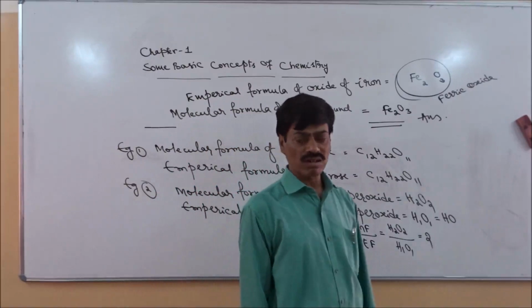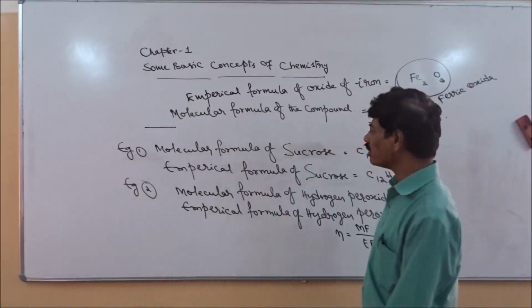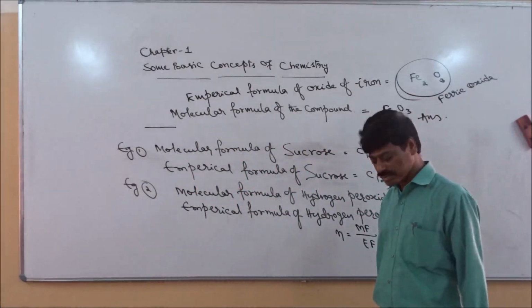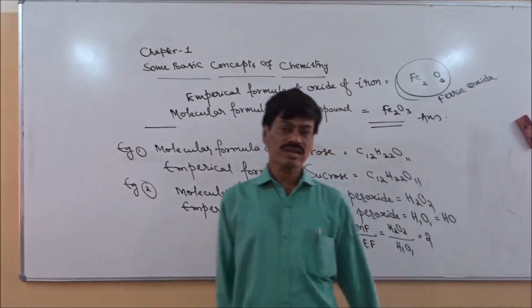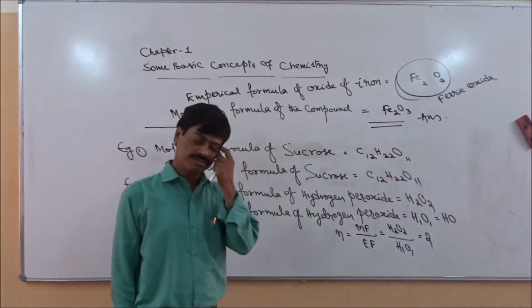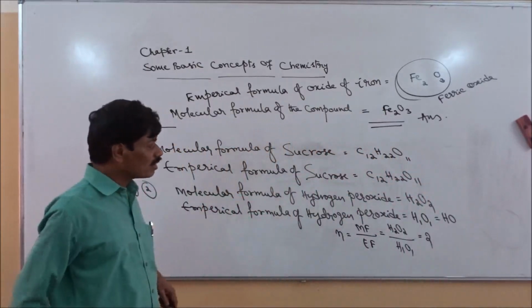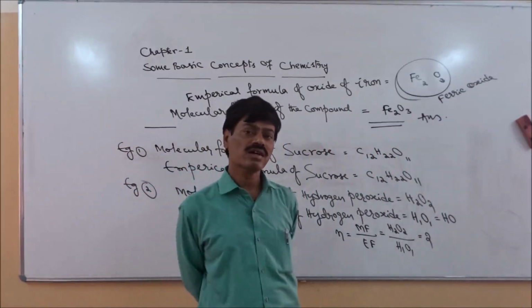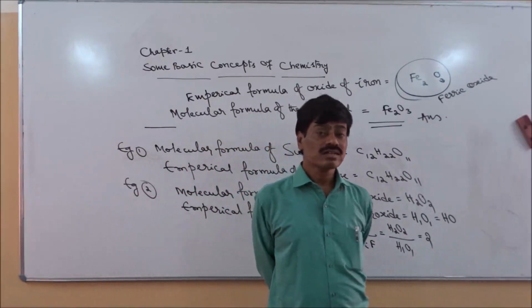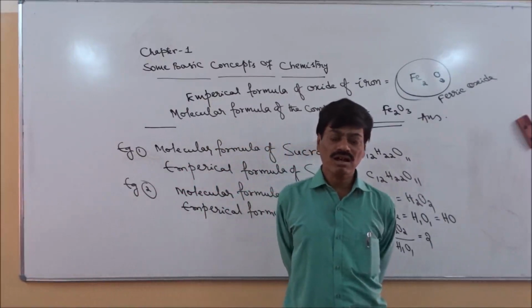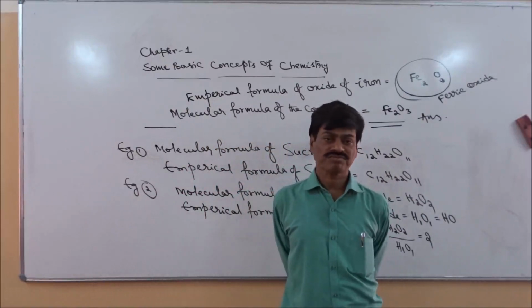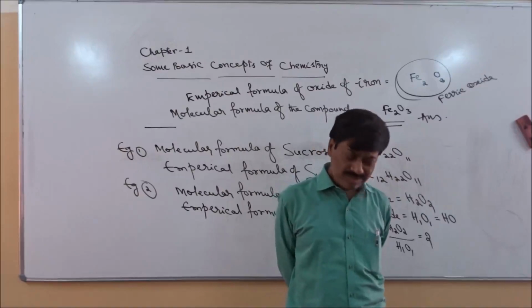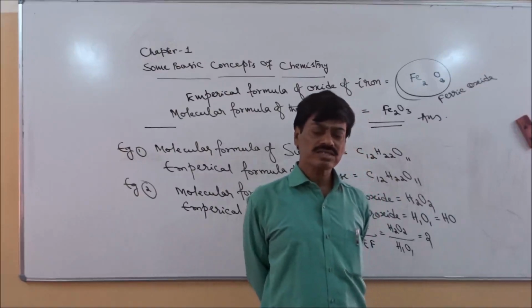Once again, in short, molecular formula and empirical formula concepts. Molecular formula tells us the actual number of atoms of different elements present in the given molecule of the compound. Like carbon dioxide, CO2.